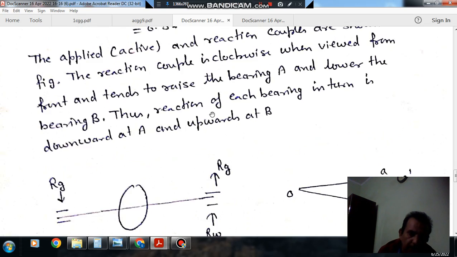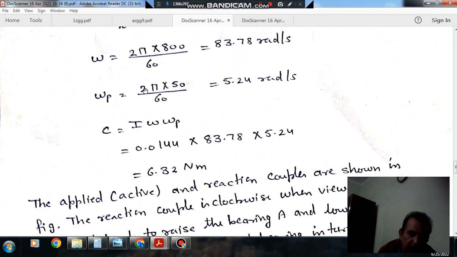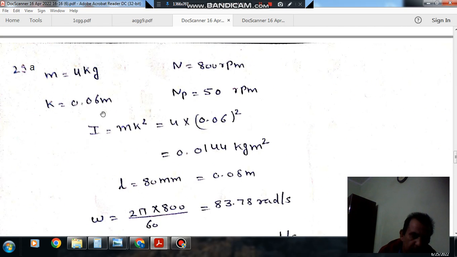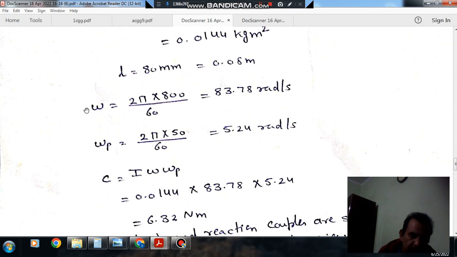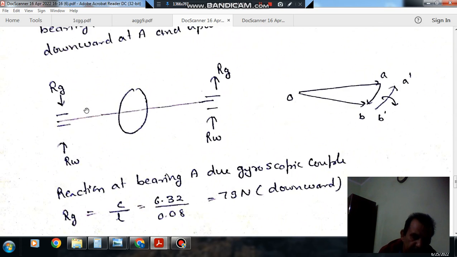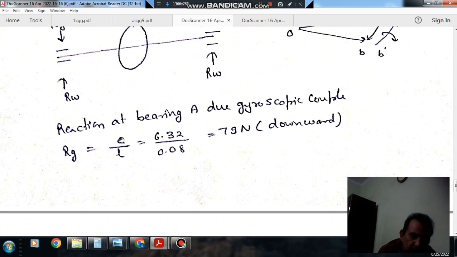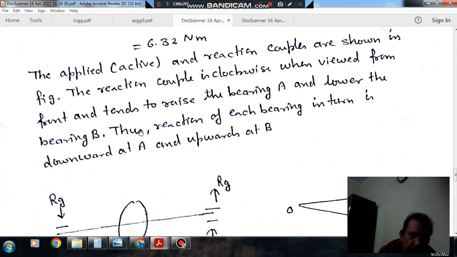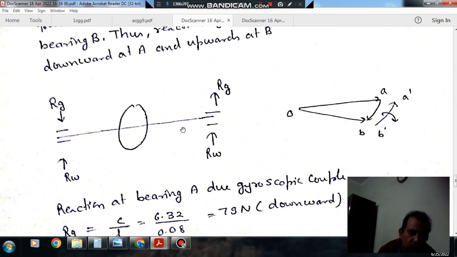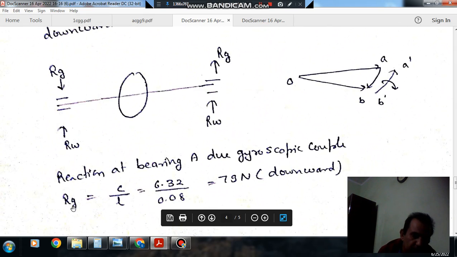Okay, and the length of the shaft between the bearings is given as 80 mm, and gyroscopic couple is 6.32. So the magnitude of this reaction will be 6.32 divided by 0.08, that is 79 Newton.